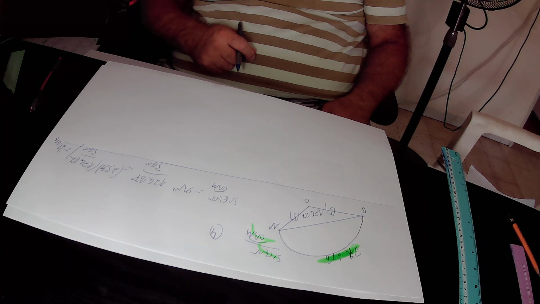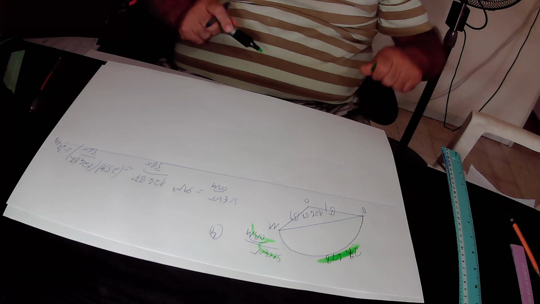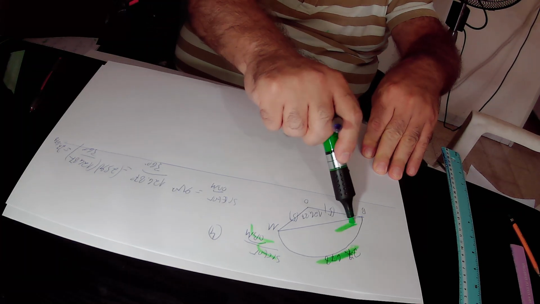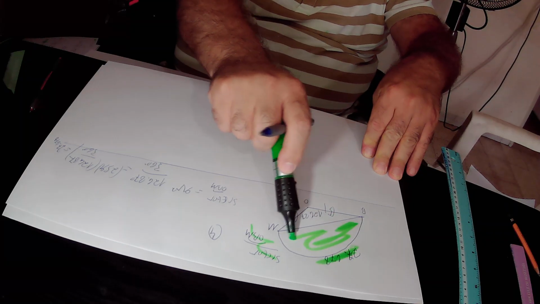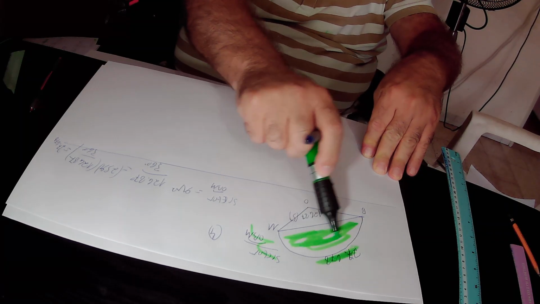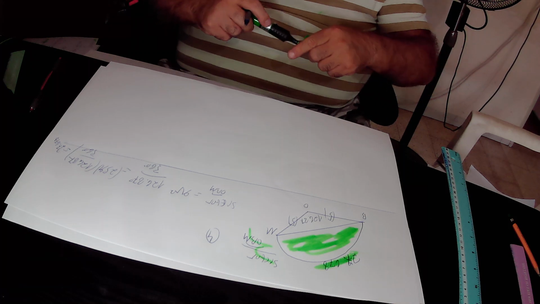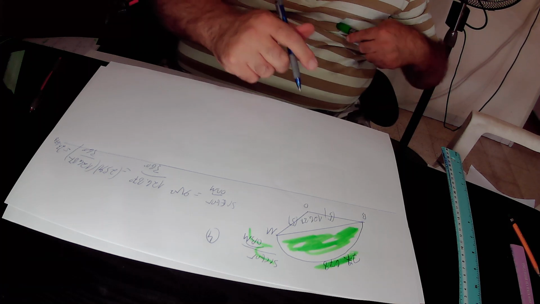Our task is to find the area of the upper segment BUM. This is the upper segment BUM. So what is the area of the upper segment BUM?